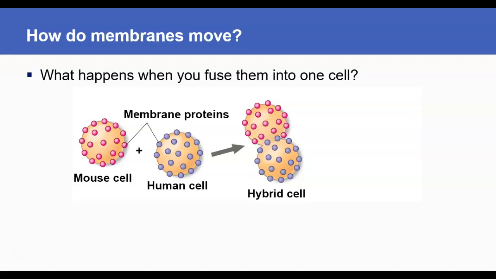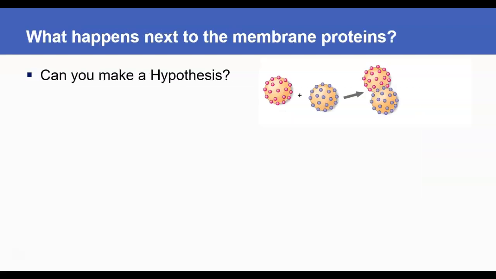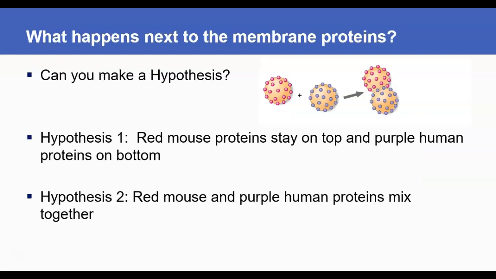After the question, I can come up with a hypothesis, a testable statement. I could say the red mouse protein is going to stay on top and the purple human proteins will stay on the bottom. So you fuse them, I can still see the two different proteins and I cleanly see which is one cell and another. Or I could hypothesize that the red mouse and the purple human proteins are going to mix together.